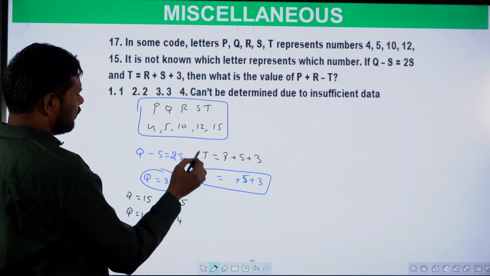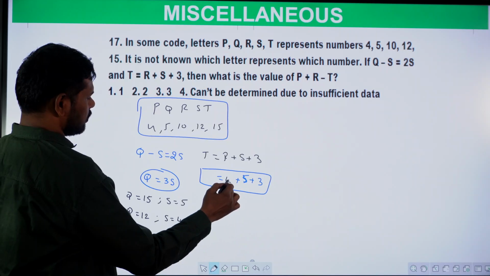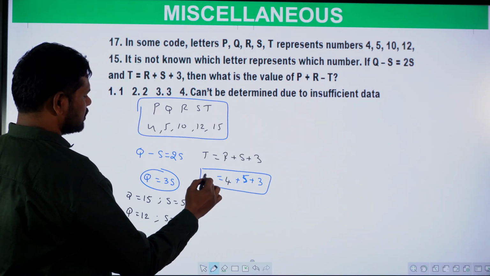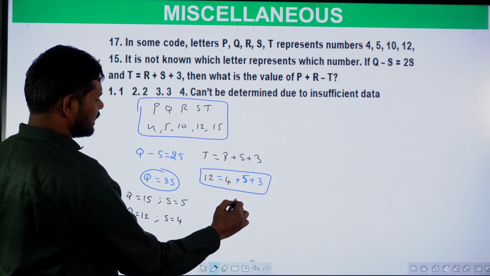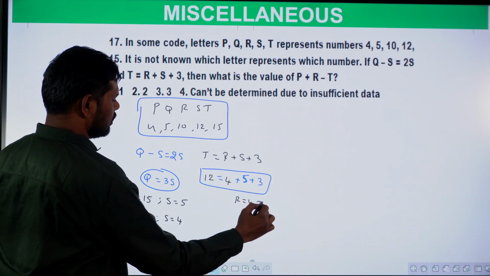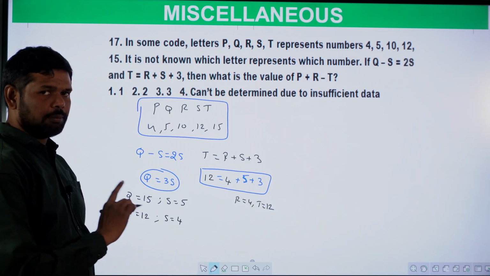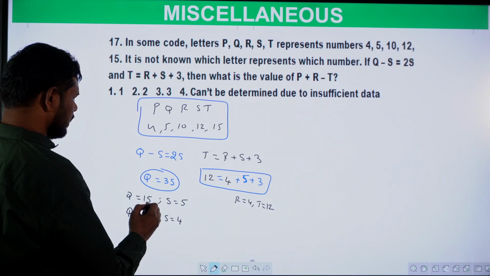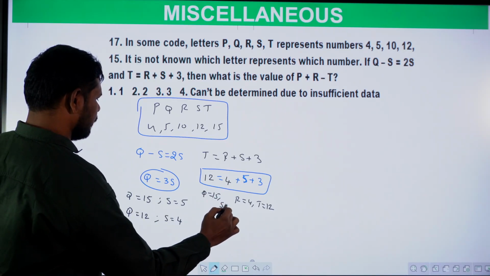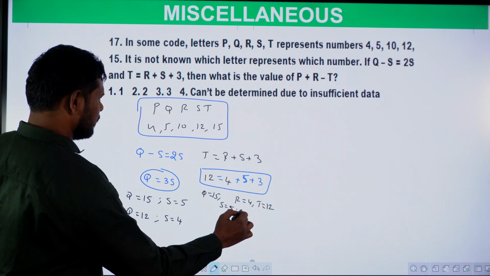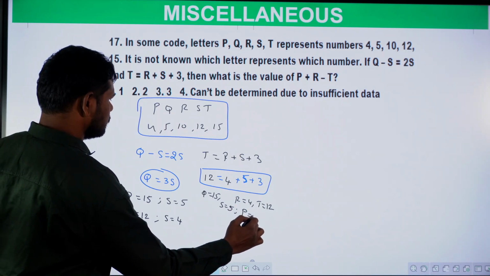Suppose R value is 4. 4 plus 5 plus 3 equals 12, so T value is 12. In this case R equals 4 and T equals 12, that is possible. Now Q equals 15, S equals 5, R equals 4, so the remaining P equals 10.